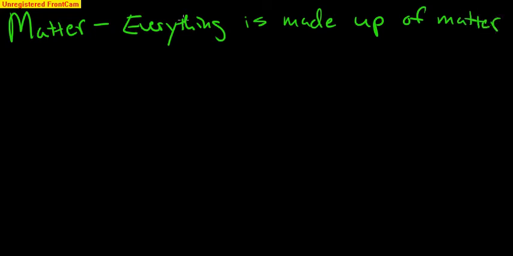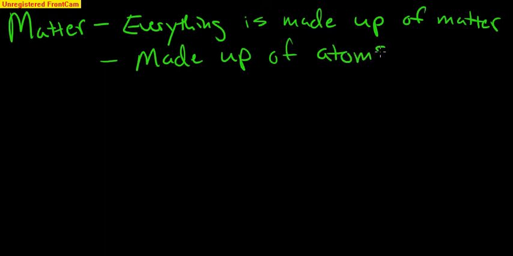Everything. Now, what is matter made up of? Matter is also made up of atoms. Remember those structures we just drew? Made up of atoms. Okay, and those atoms can be certain elements.